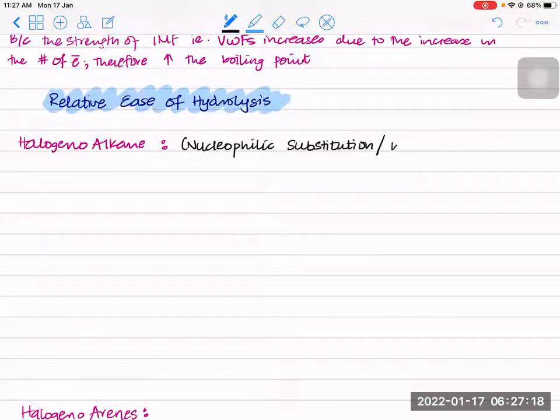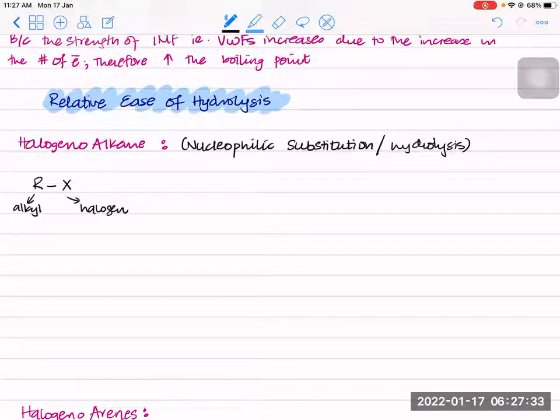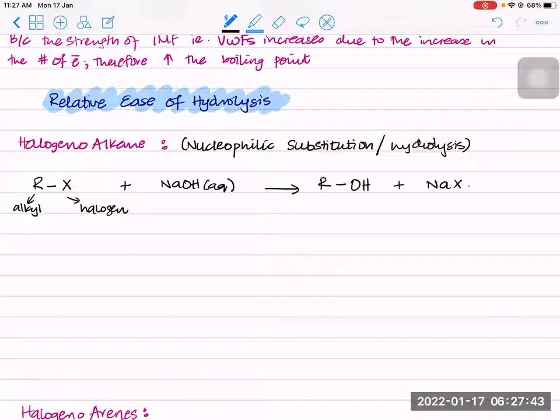This is also known as hydrolysis if we do it with aqueous NaOH. We did this in AS. If you remember, this is RX, where R is an alkyl group, X is a halogen. When this reacts with aqueous NaOH, it makes ROH plus NaX. And this happens in the presence of reflux.